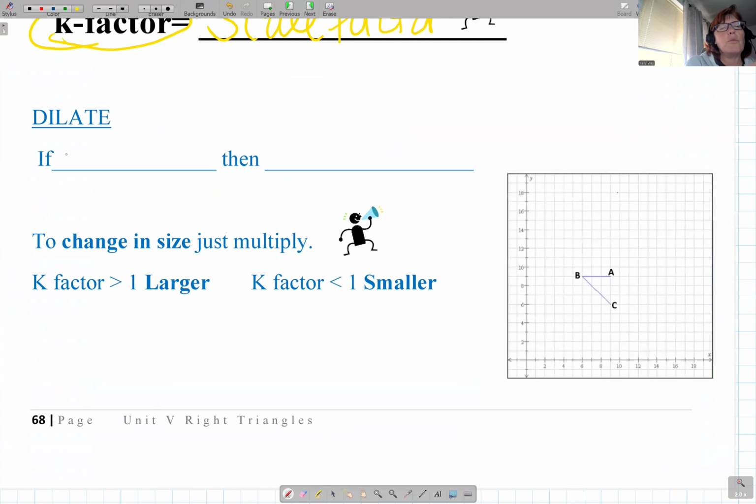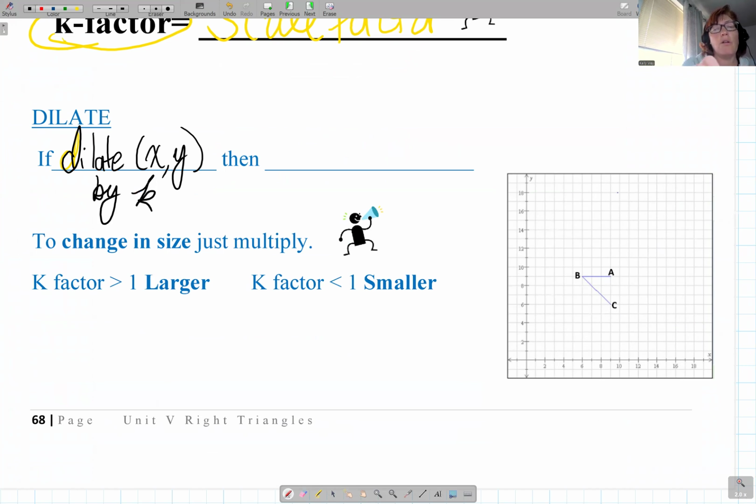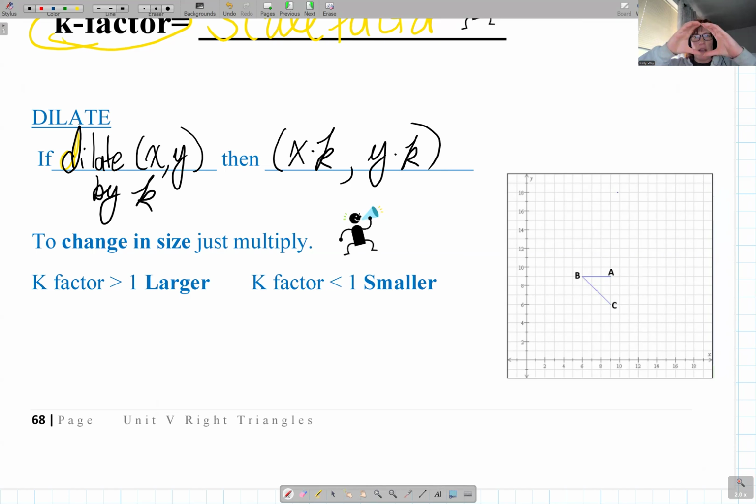So if you want to dilate an XY point by a scale factor of K, all you do is multiply X times K, Y times K. To change in size, just multiply. And think if your K factor, so you start with an original shape, we'll make a circle.